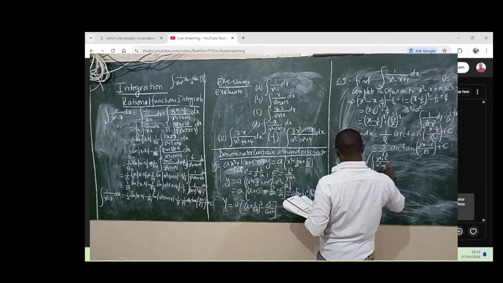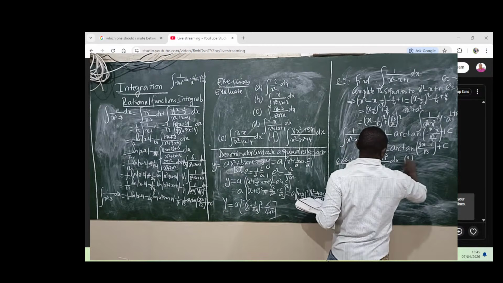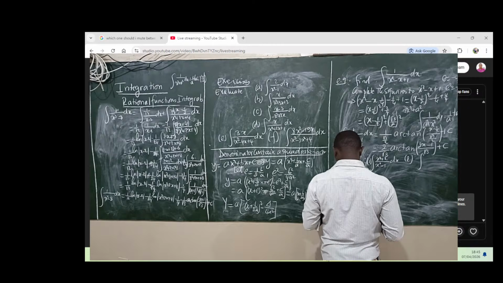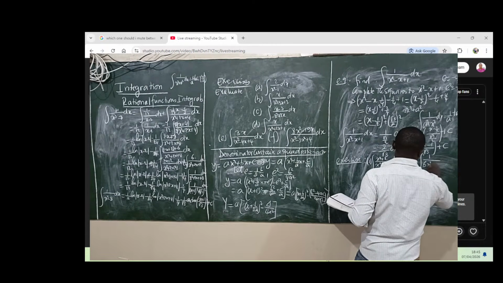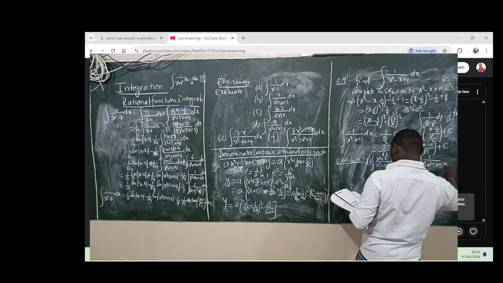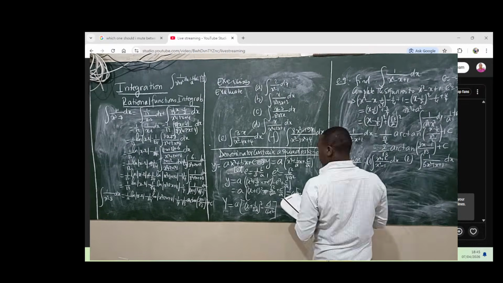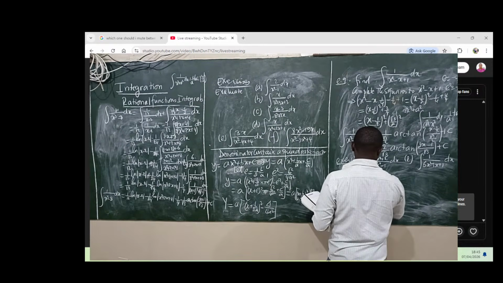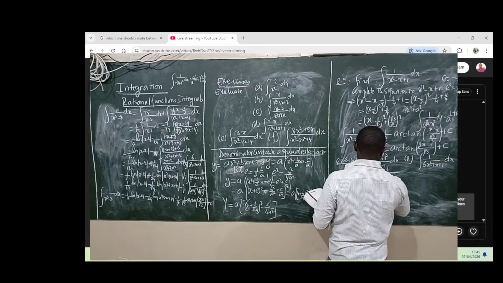This is 1. 2: the integral of 1 by 6x squared minus 5x plus 1 dx. 3 is about the integral of 1 over the square of x plus 2 dx.